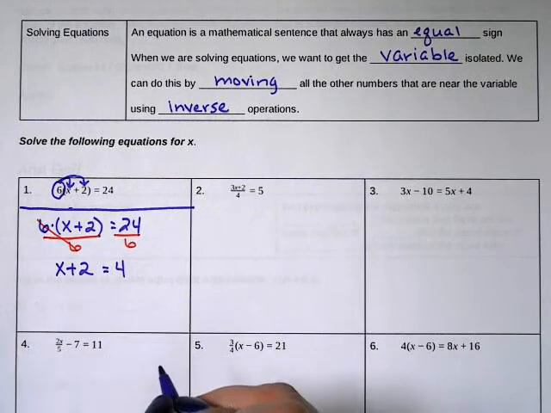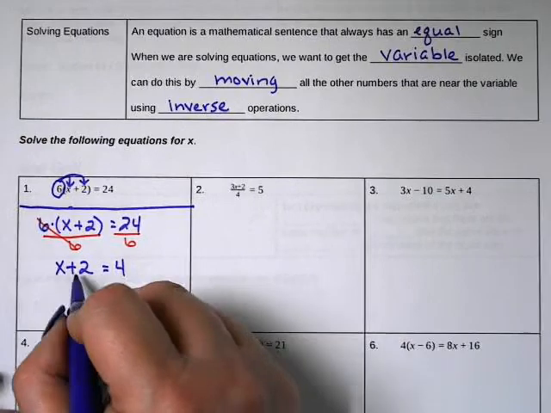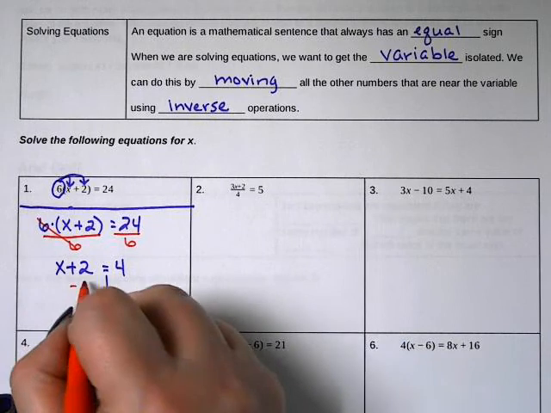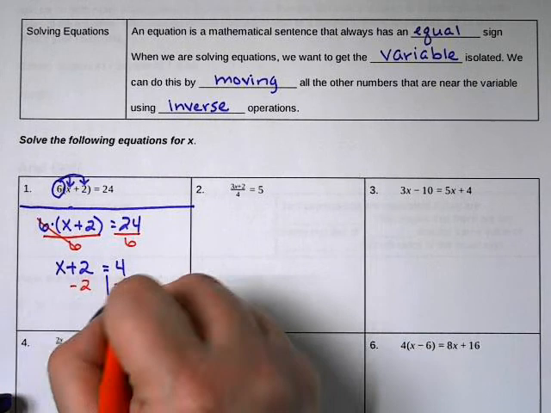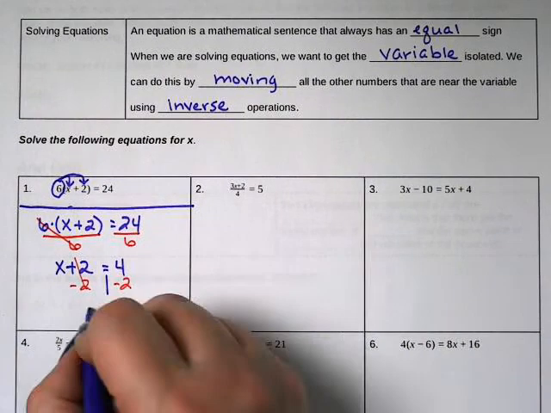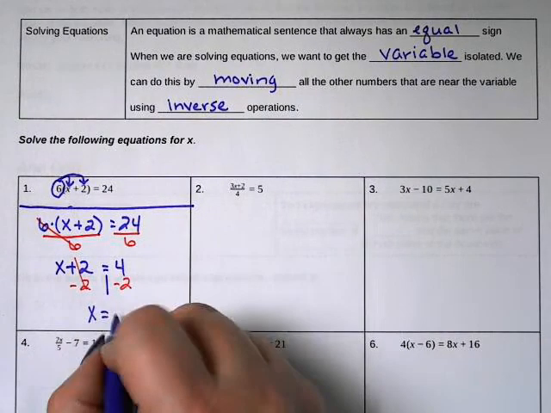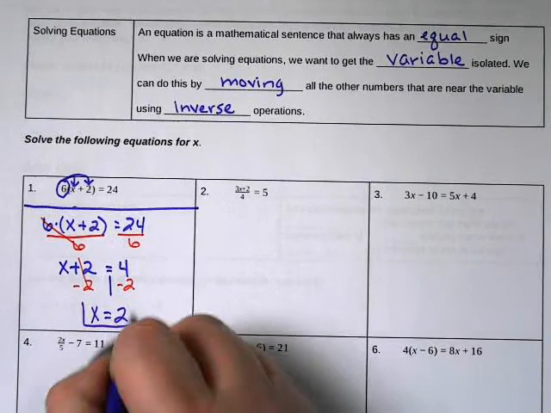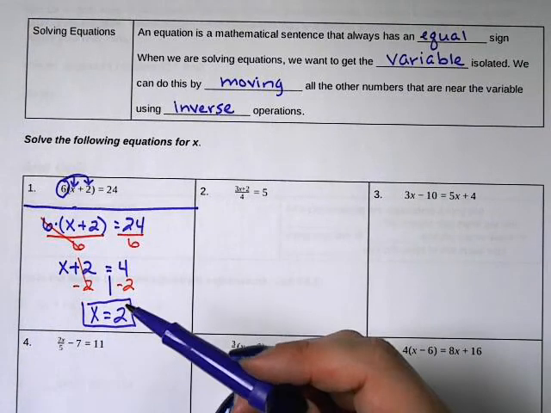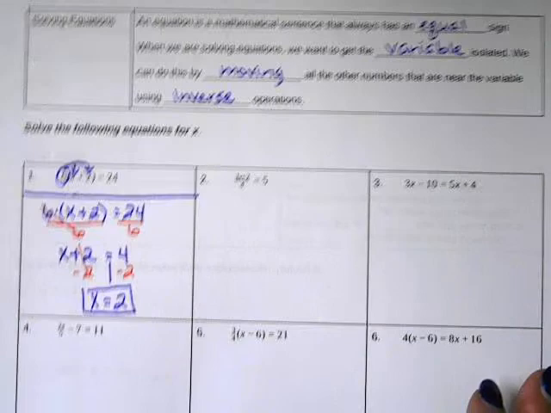And now when I look at it, all that's happening is the x has a plus 2, so in order to get that x alone, the inverse of addition is subtraction. So I'm going to subtract 2 from both sides. These will then cancel, and I get x equals 4 minus 2, which is 2. Now, if I decided to distribute and solve it that way, I could do that as well. You will still get the same answer.